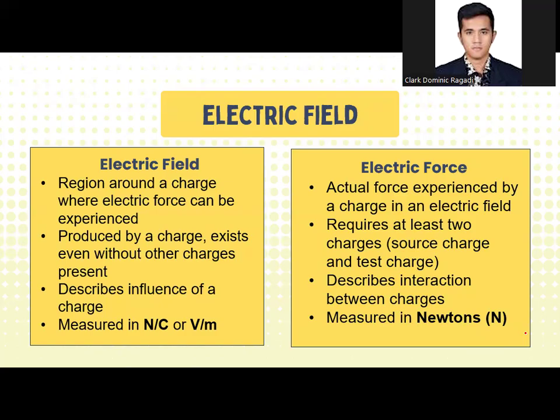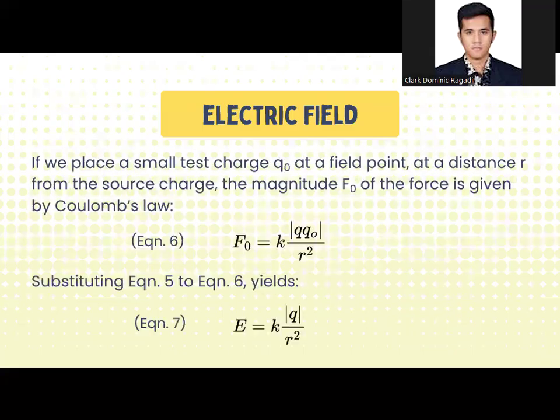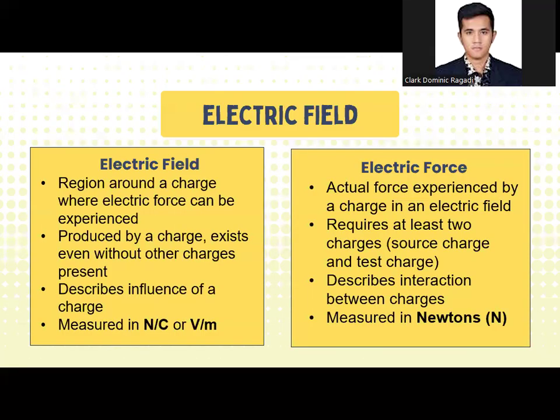Electric field is a region around a charge where electric force can be experienced. Again, an electric field is a space or a region in which if you put another charge, it would feel a force, whether repulsive or attractive.